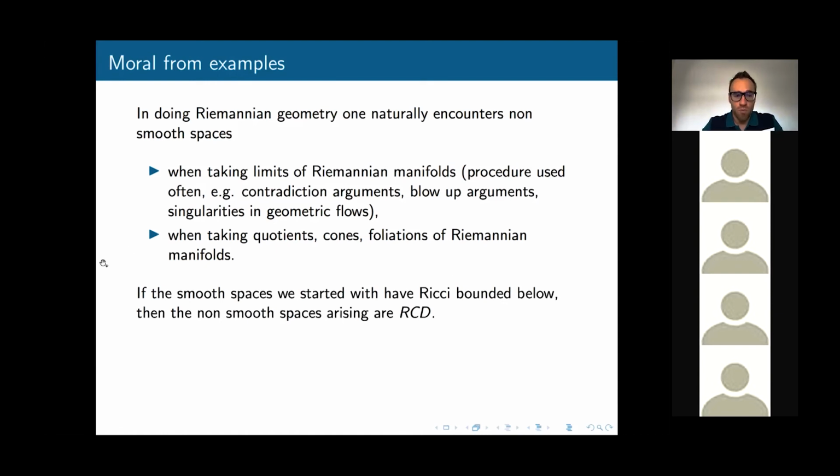So the message of these examples is that if the smooth spaces you started with have Ricci curvature bounded from below, then the non-smooth spaces arising as limits, as quotients, as foliations are RCD.